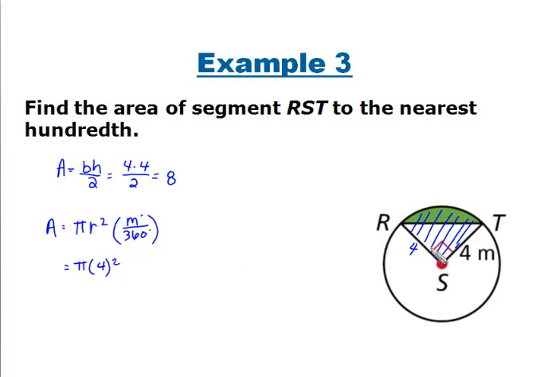And our central angle right here is a right angle, so that's 90 degrees, and divide that by 360. Okay, so the area is 12.57, so that's the area of the sector, and I only want the area of the segment, so we're going to subtract those. So 12.57 minus the area of the triangle leaves me with a total area of 4.57.